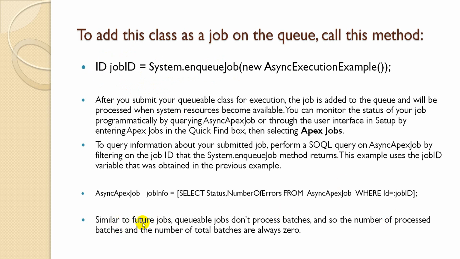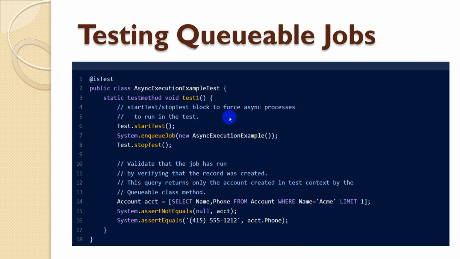Similar to a future job, a queueable job does not process batches, and so the number of processed batches and the number of total batches are always 0. This is testing a queueable job.